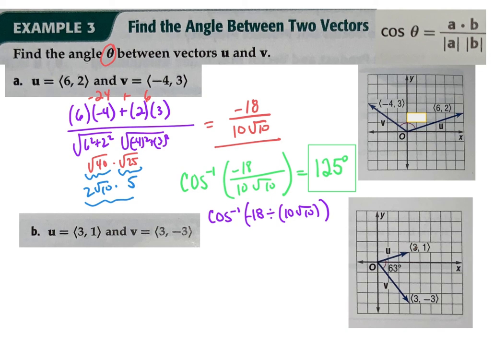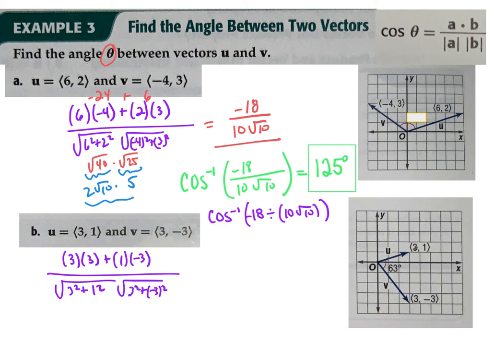Look at the next one. We have 3, 1 and 3, negative 3. So we're going to do the dot product here. 3 times 3 plus 1 times negative 3. And then the denominator is going to be the square root of 3 squared plus 1 squared times the square root of 3 squared plus negative 3 squared.